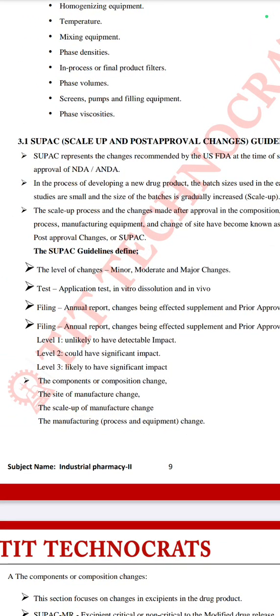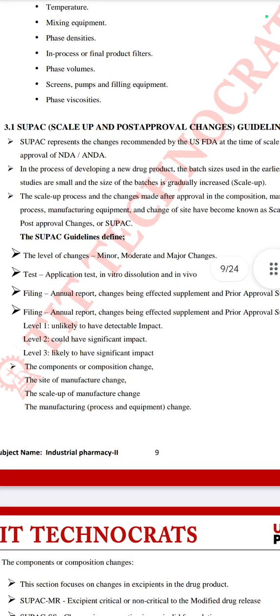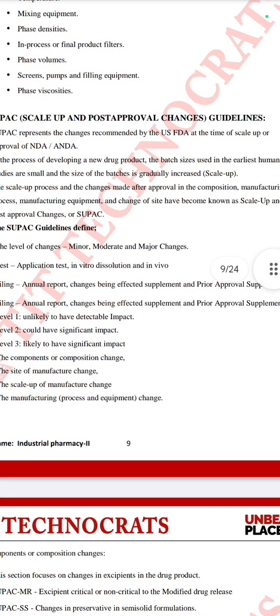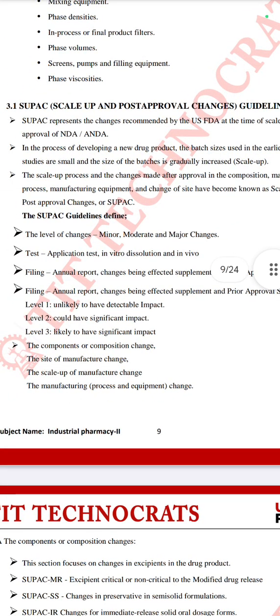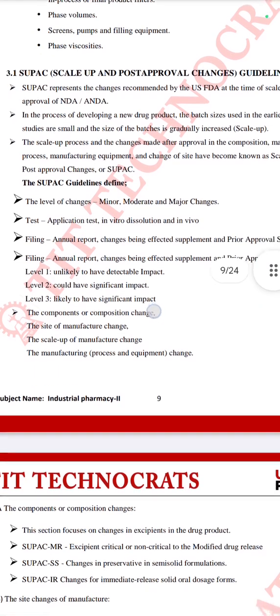As we were talking about the scale up process, SUPAC represents the changes recommended by the US FDA, United States Food and Drug Administration, at the time of the scale up or approval of ANDA, new drug application.